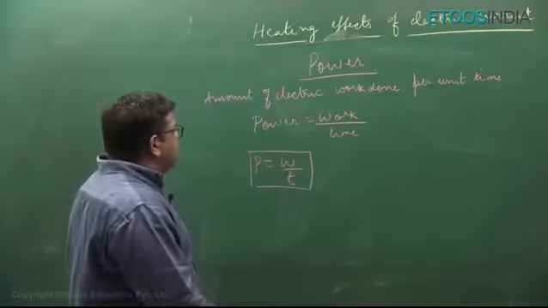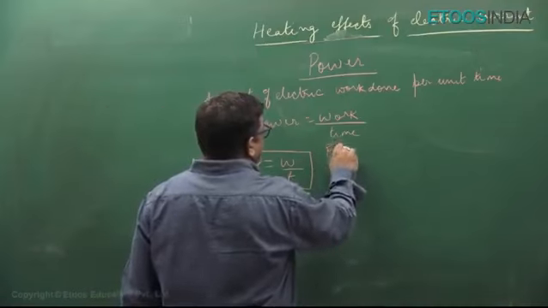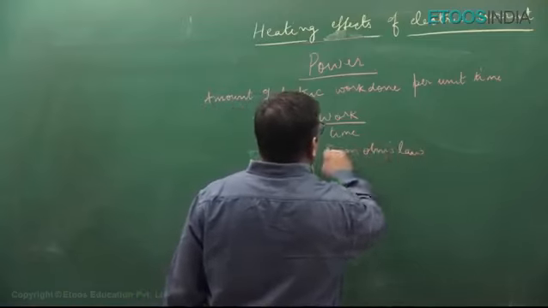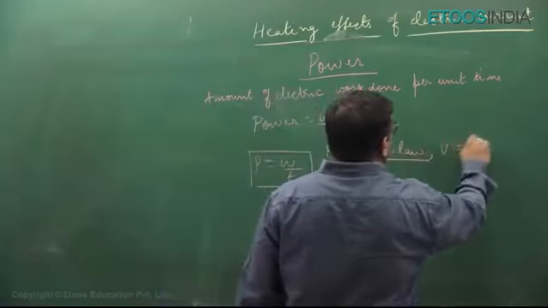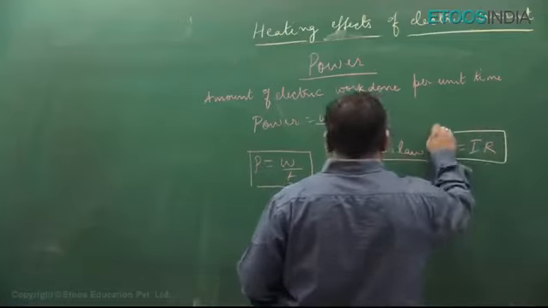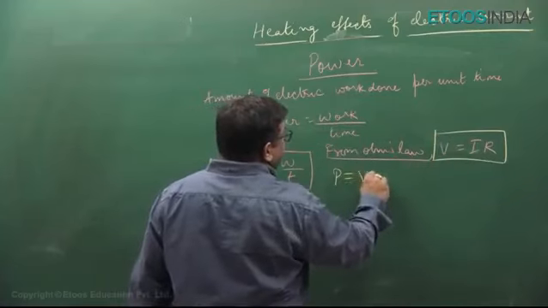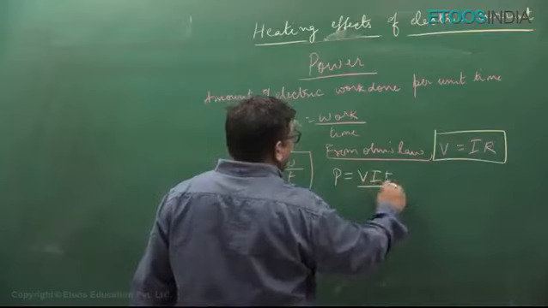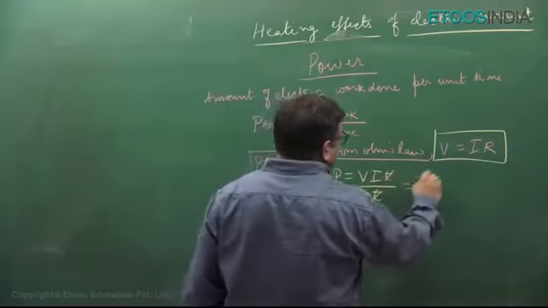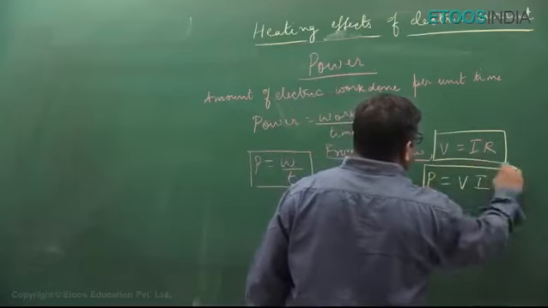How? We know that from Ohm's law, that is V is equal to IR. Got it? So, we know that P can be VIT upon T. So, this T gets cancelled and another formula over here is P is equal to VI.